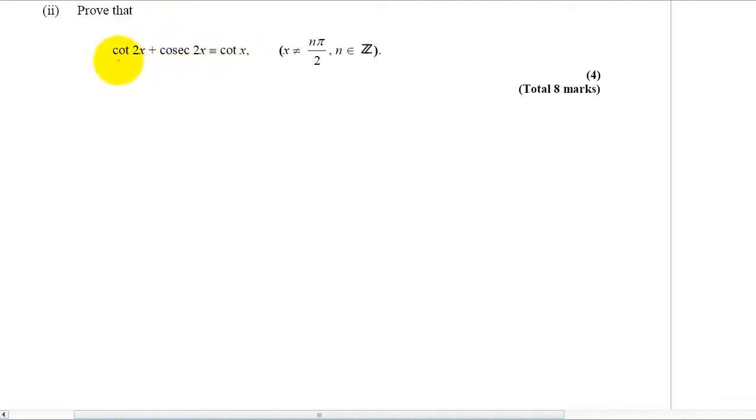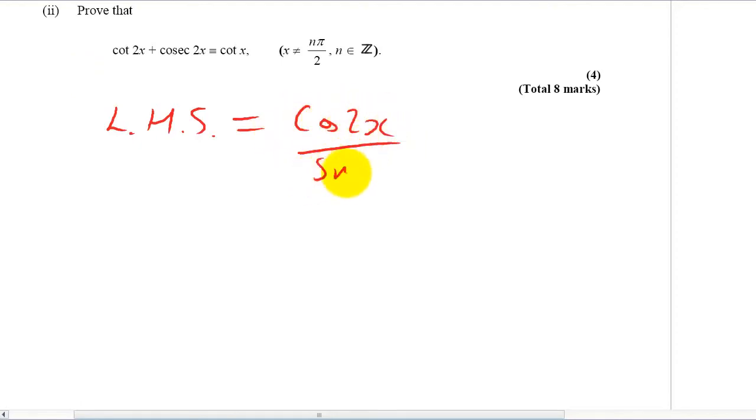So in this case, we're going to take the left-hand side, the cot 2x and the cosec 2x, and we're going to turn this all into cosines and sines. Normally I'd say avoid that and try to use a formula relating cots and cosecs, but those are all to do with squares, and we don't have any double angle formulas comparing cot and cosec, but we do have double angle formulae with cos and sine, hence why I'm going to turn it all into cosines and sines.